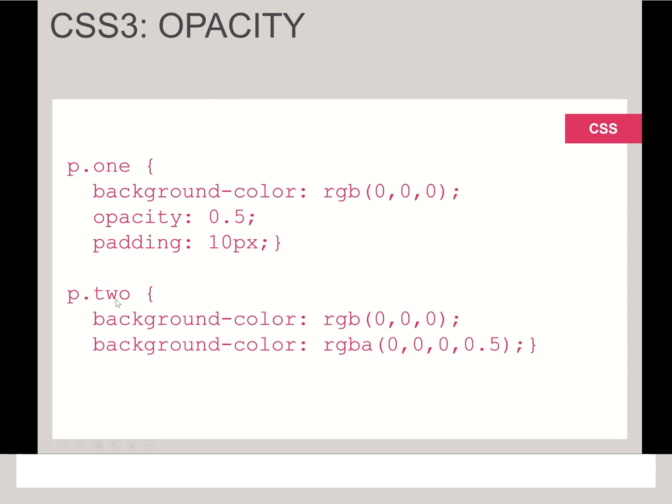And the second one, the background color is 0, 0, 0, still the same. But you can find here we also use another rule to replace this one. The first time we define 0, 0, 0, but the second time we assign another color to it: 0, 0, 0, 0.5. So here we have RGBA.